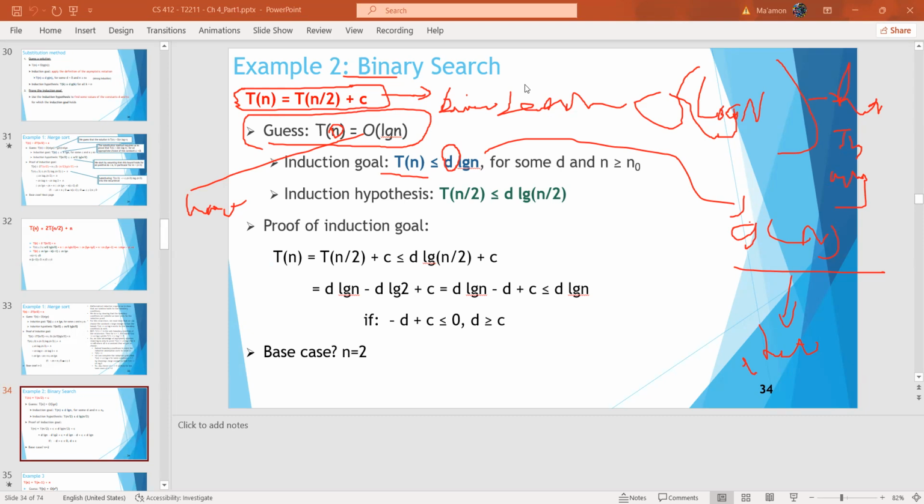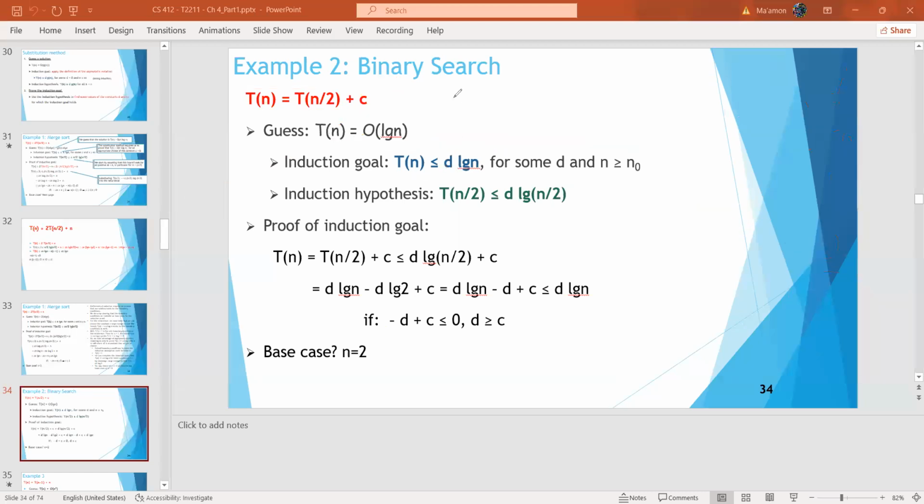So now I will replace: we have put here N/2, and here we are going to replace this by N/2 here and here. So we have substituted N/2. Now this is equal to d log(N/2).